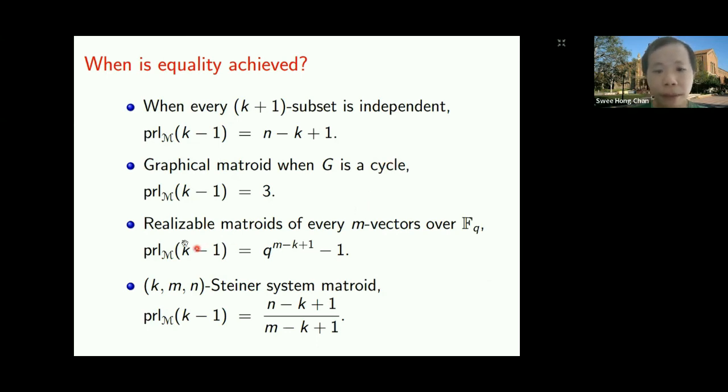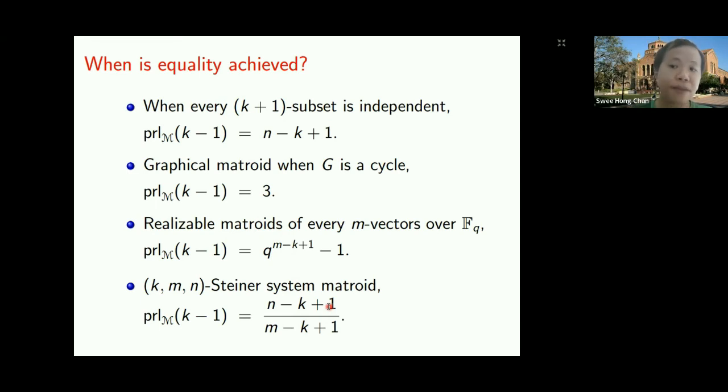Somewhere in between, when the parallel number is between these two values and n minus k plus 1, we have the equality cases for the realizable matroids when the matroid contains every vector of dimension n. And there's also another equality case for the Steiner system matroid, but let me not talk about them to save time. But the takeaway of this slide is the fact that unlike in the Mason bound, here we have many more equality cases. And all of them, at least at first glance, look very different.